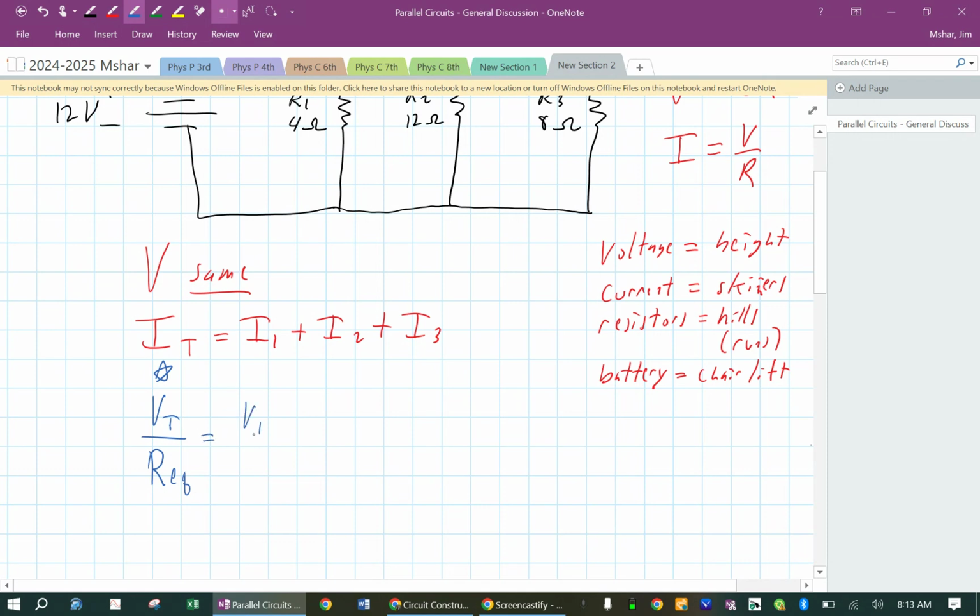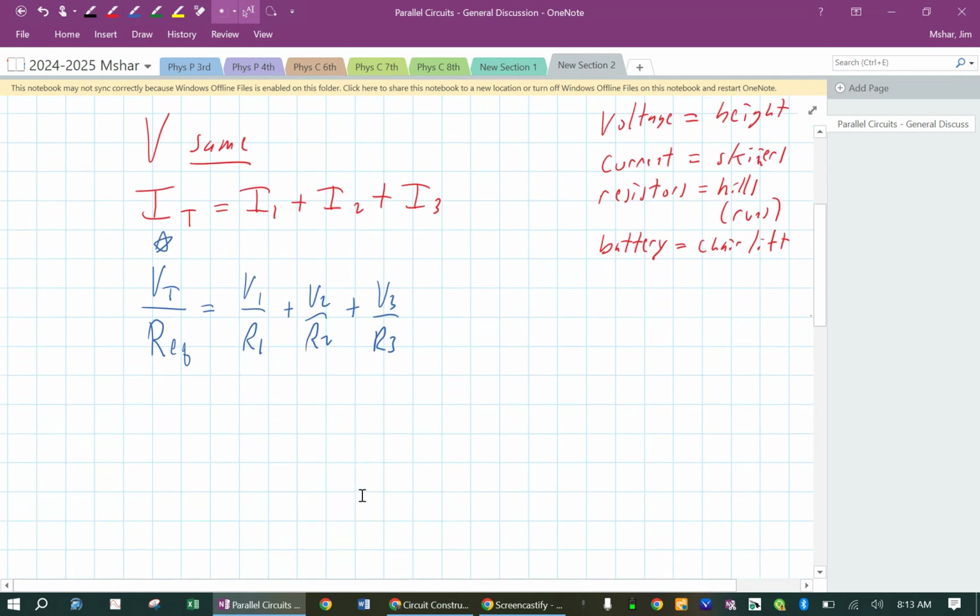That's going to be V1 over R1 plus V2 over R2 plus V3 over R3. However, what do we say about the voltages? They're all the same. So we can cancel those out. And so you get the following equation. 1 over the total resistance of your circuit is 1 over R1 plus 1 over R2 plus 1 over R3. Okay? Now, you have to do the 1 over stuff. You can't just skip it, unfortunately.